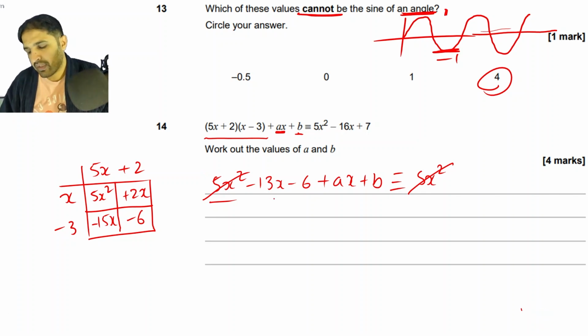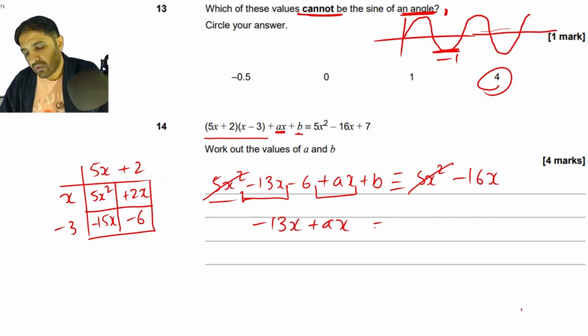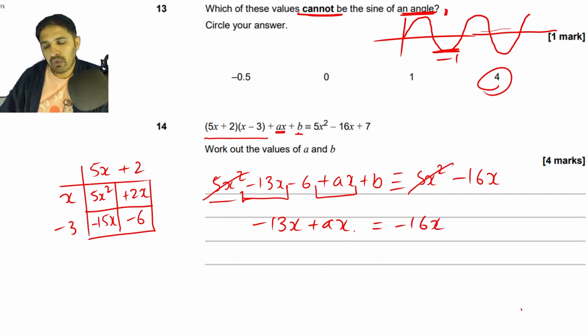Then you've got the minus 13x and the positive ax, that should give you negative 16x. So if I want to write it separately, negative 13x plus ax should give you negative 16x. So a has to be negative 3 to get to negative 16.